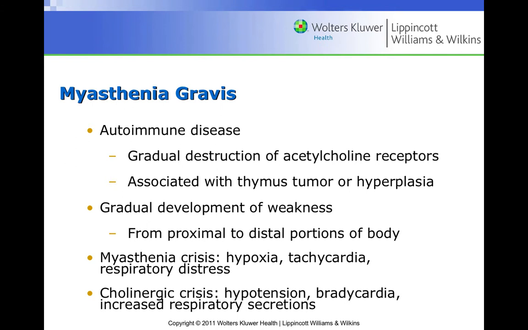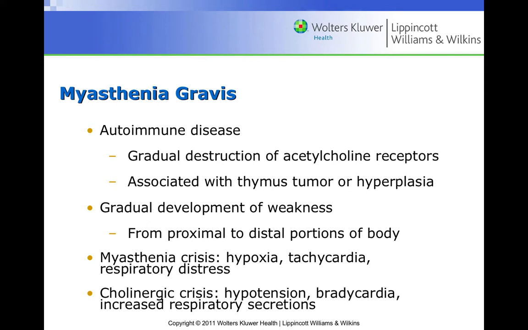The signs and symptoms start out gradually with development of weakness from proximal to distal portions of the body. Women are 3 times more likely than men to have this happen to them. This is also a disease of the younger generation, so people less than 40 years old.